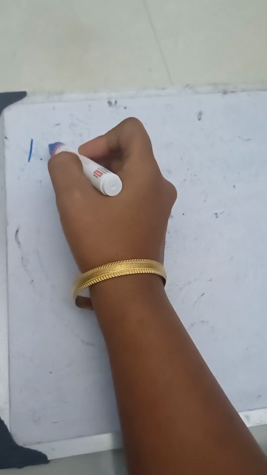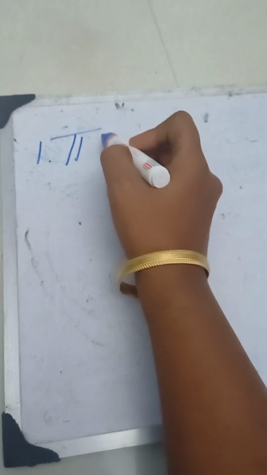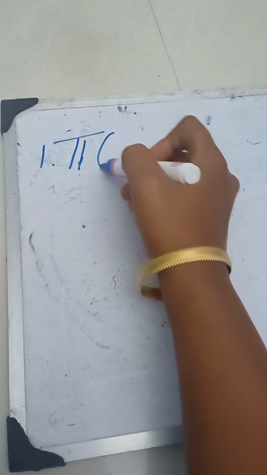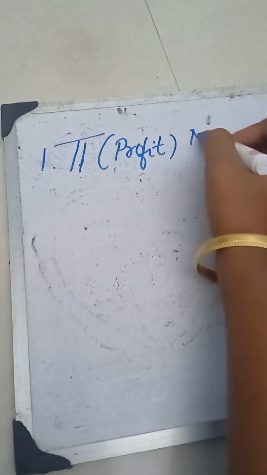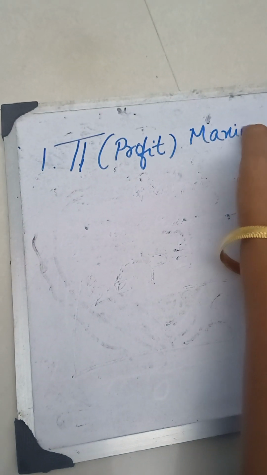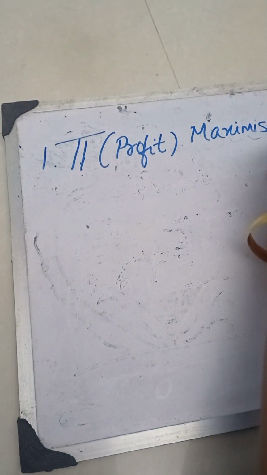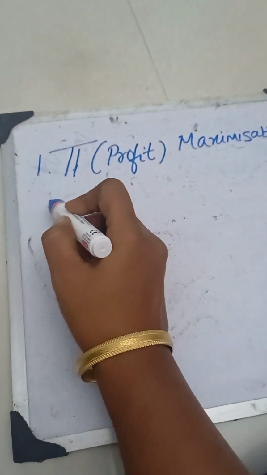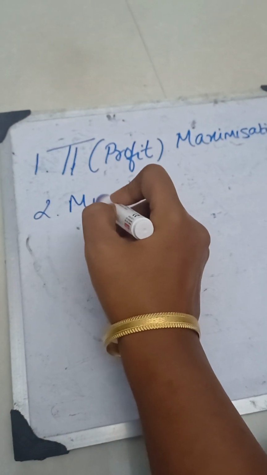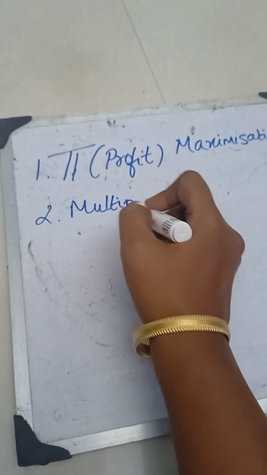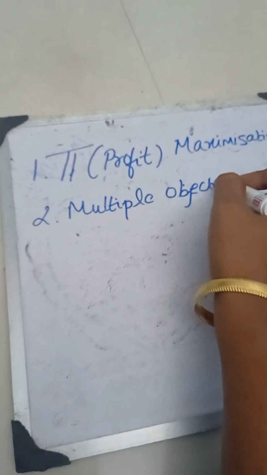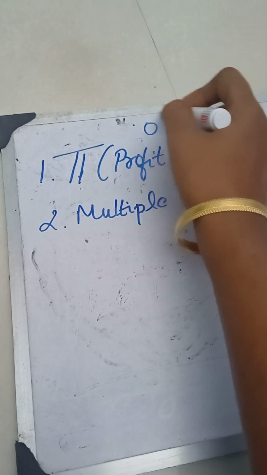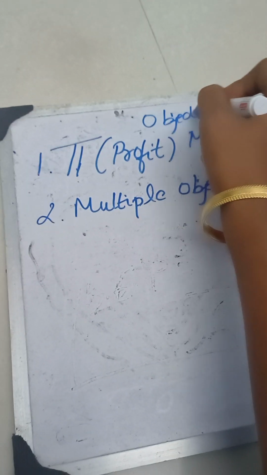So the objectives of a firm can include profit, or PI. PI stands for profit max. You can have profit maximization as an objective. You can also have multiple objectives as an objective of the firm. Then you can have growth as an objective of a firm.